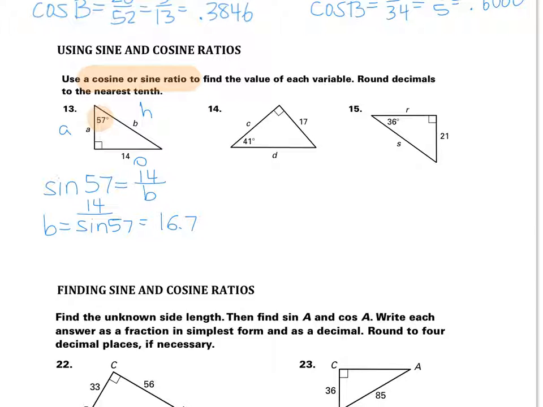And now that we have the hypotenuse, we can use that to find a, which uses the adjacent, cosine. It's in the numerator, so we multiply.